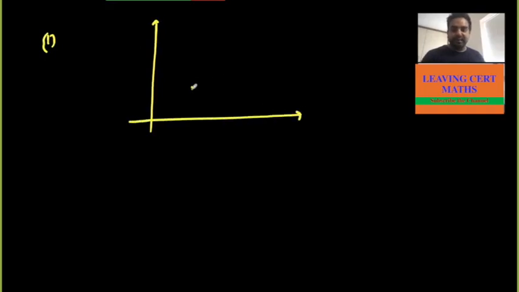Yeah. So let's say this is your y-axis, this is your x-axis, right? And you have a point A, which is x1 comma y1, and a point B, which is x2 comma y2, right? Now the first thing I want to write is distance. What is the distance between A and B?